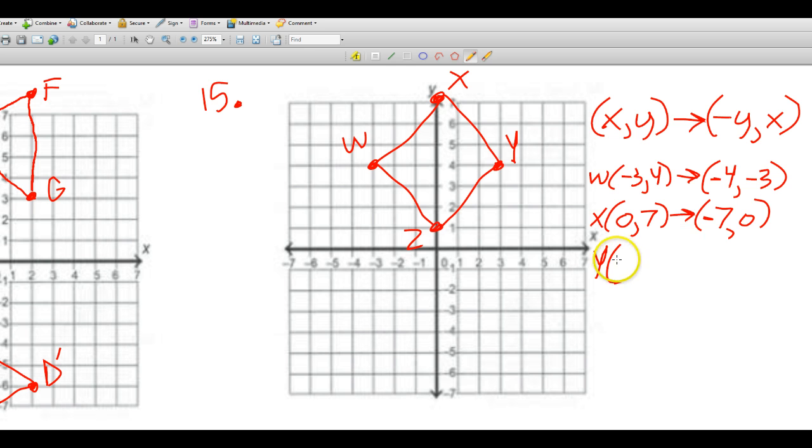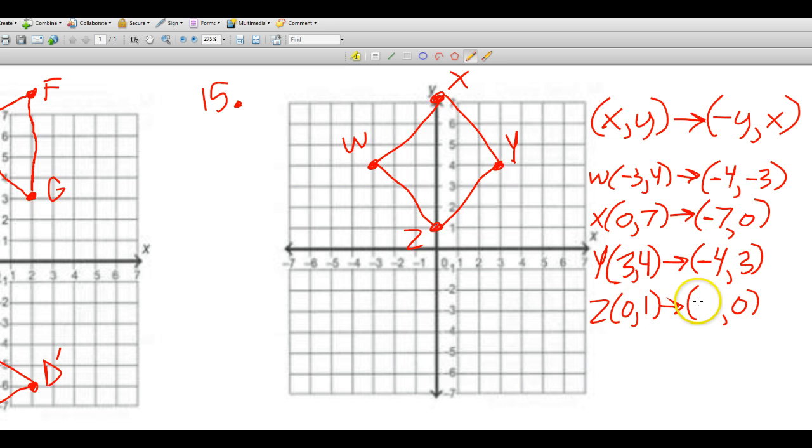So Y is 3, 4. So this maps onto my x coordinate becomes my y coordinate. Take the opposite of the y coordinate and that becomes your x coordinate. And 0, 1. So x coordinate becomes the y coordinate. Opposite of the y becomes the x.